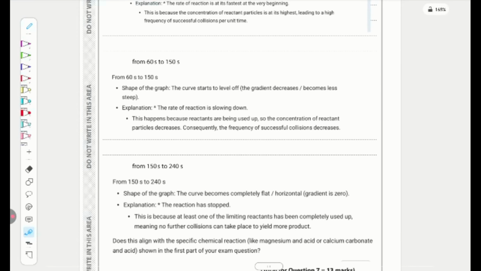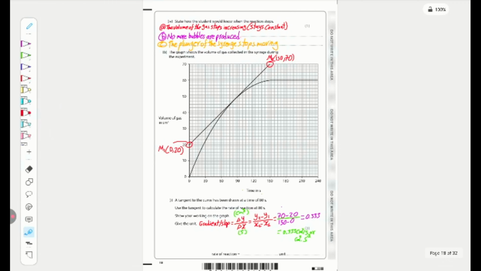And then from 60 to 150, the slope or the gradient becomes a little bit leveling off. Leveling off means the rate of reaction, or the quickness of reaction, starts to be lower and lower.